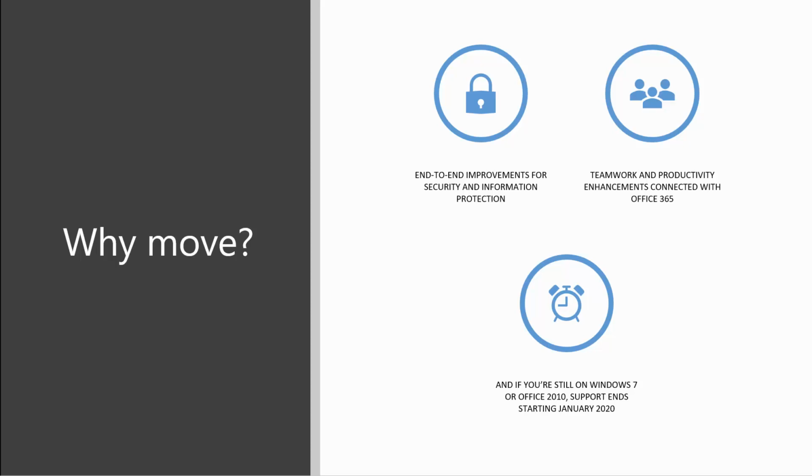And then again, as mentioned earlier, the fact that security updates will run out as of January 2020 from a Windows 7 perspective, if you're on that version of the OS. The other thing is cloud connectivity and what that means from a teamwork and productivity perspective, and being able to get to your work faster through things like roaming most recently used files lists, being able to get to team sites, spin up conversations with your teams via Microsoft Teams, all the different connectivity options that are there to get to your work through Office and Microsoft 365.